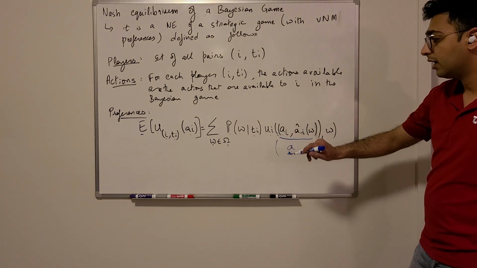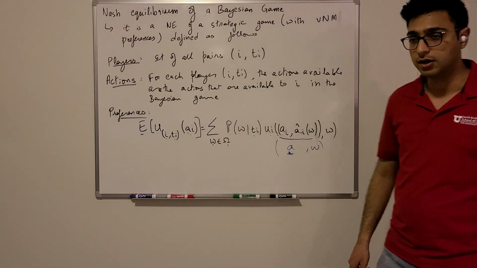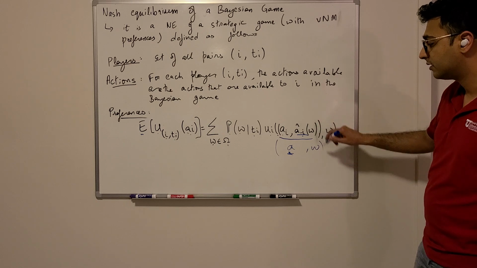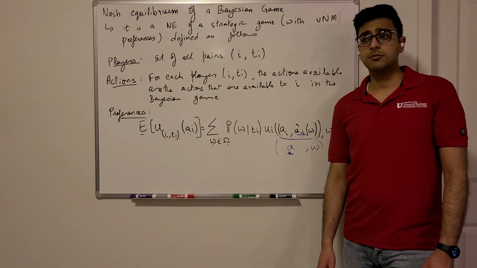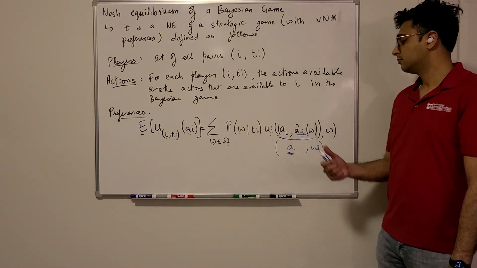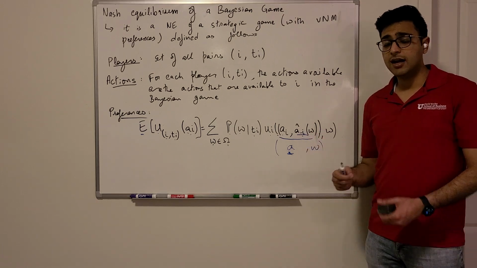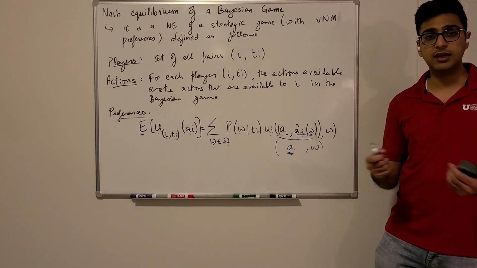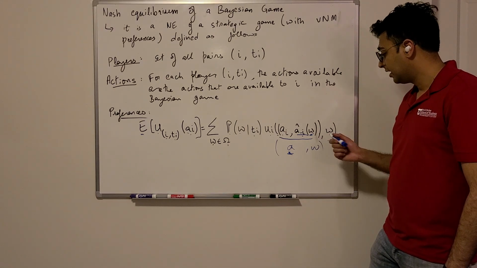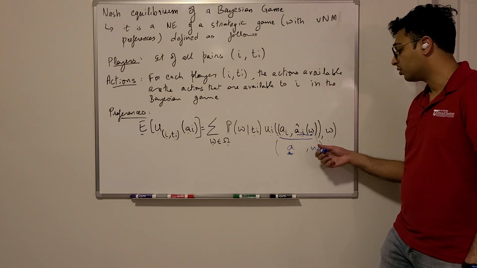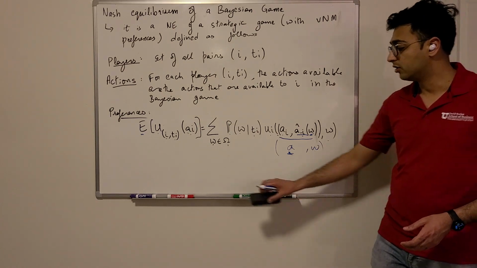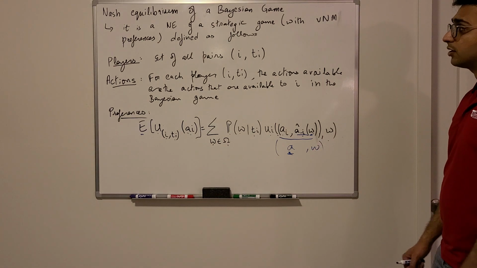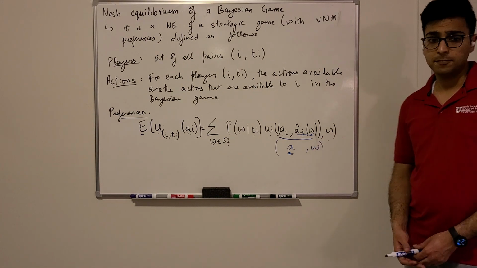This is the action that player I is taking, the action that we're considering here, and this A minus I hat given omega is the action profile that players other than player I are expected to play in the state of the world omega, so in the game omega. And then of course the utility function depends upon which game is actually being played and not just the action profile. So that here is the Nash equilibrium for a Bayesian game.